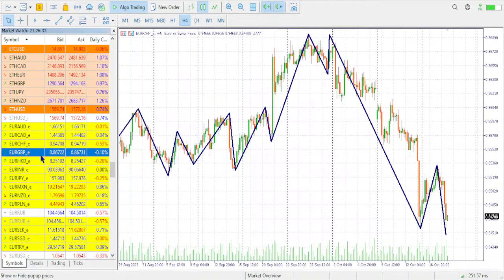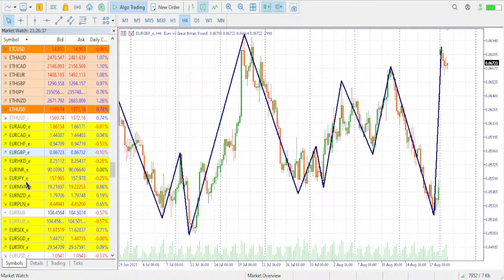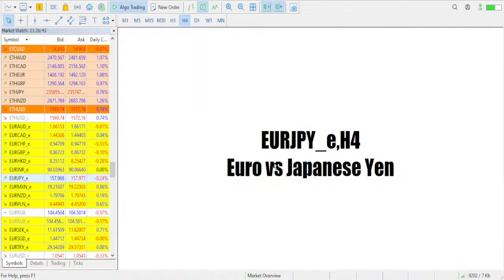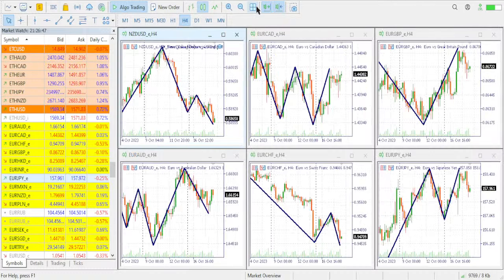Then I'll also attach Euro versus the British pound. And then I'll also attach Euro versus the Japanese yen. Then I put them on my screen so that you're able to see exactly what I'm looking at. So look at these charts properly. Let me remove this.